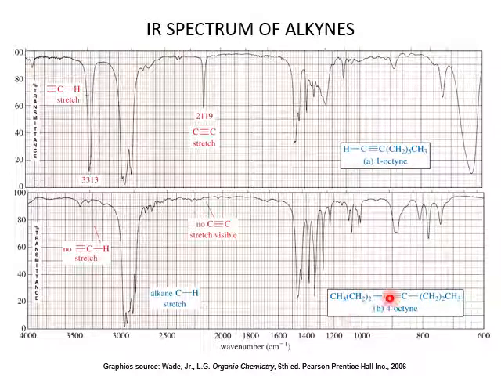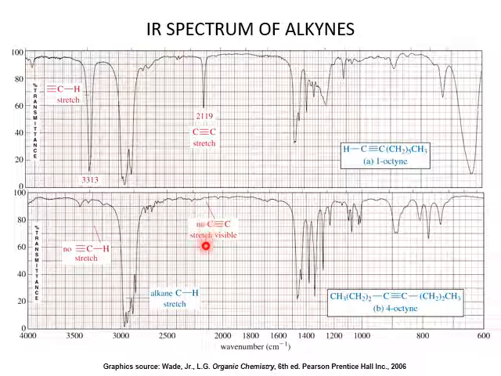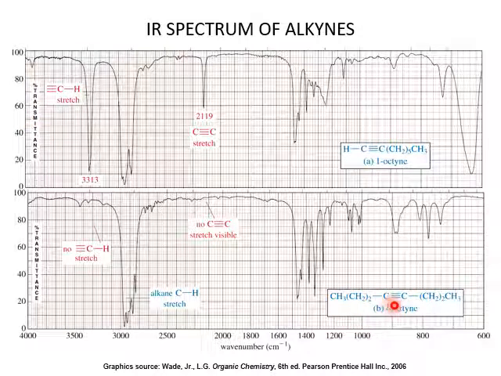For example, here we have an alkyne, but the compound is completely non-polar. That's why we will not see any triple bond CH stretch and triple carbon-carbon bond as we saw in the previous one, because here the triple bond is non-polar. We will see these two significant signs and characteristic peaks for alkyne when the bond is polar.